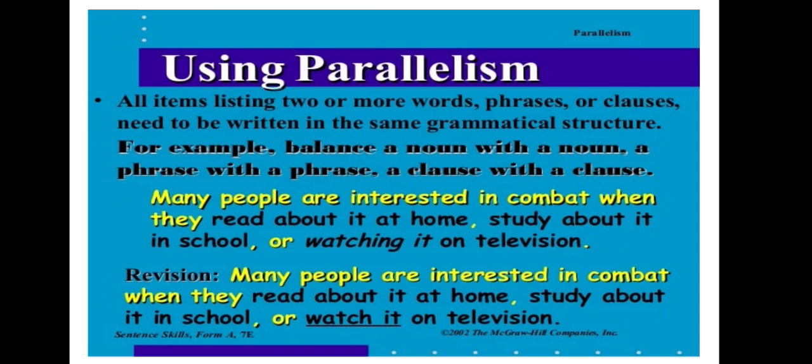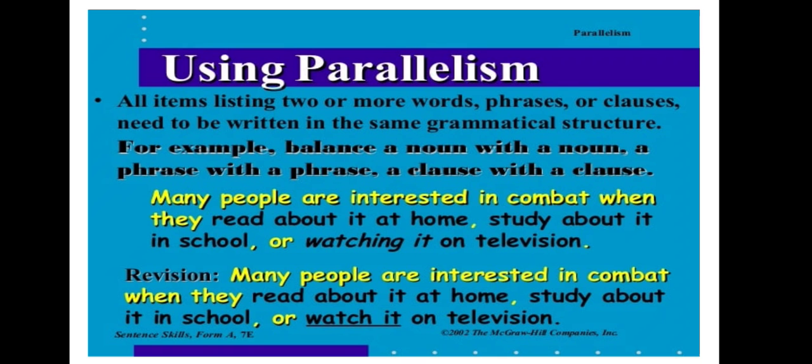Alright, using parallelism, all items listing two or more words, phrases, or clauses need to be written in the same grammatical structure. Example: balance a noun with a noun, a phrase with a phrase, a clause with a clause. So another example, guys.